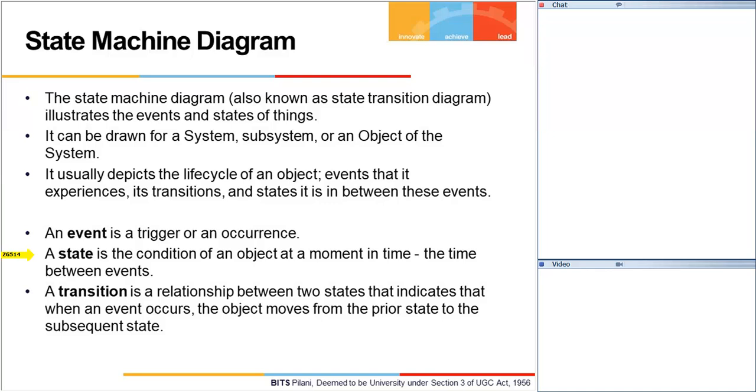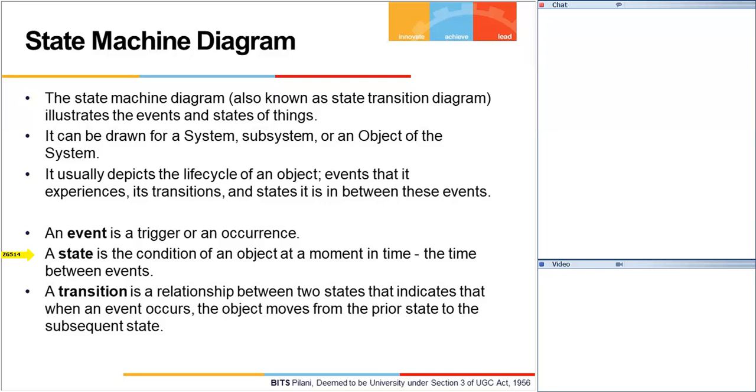And how do you describe the condition of an object? The condition would be, for example, the values of the various attributes of that system or object at a particular point of time. So whenever we say that a particular system exists in a particular state, in terms of software, it is the values of the various attributes that it possesses.